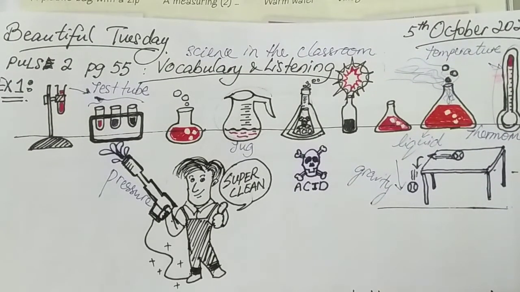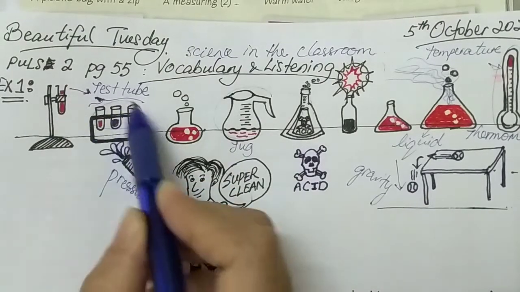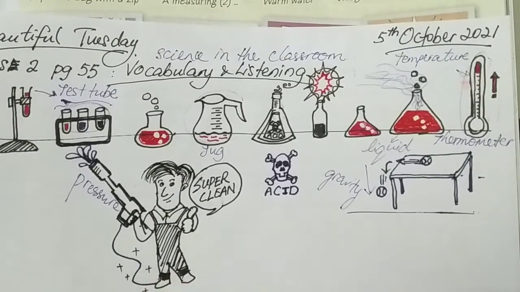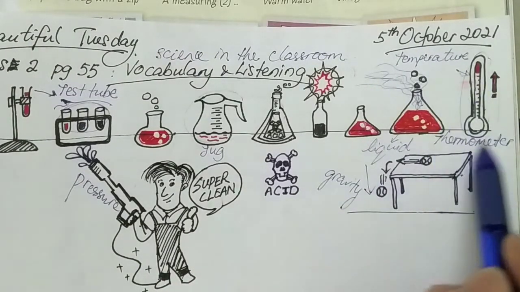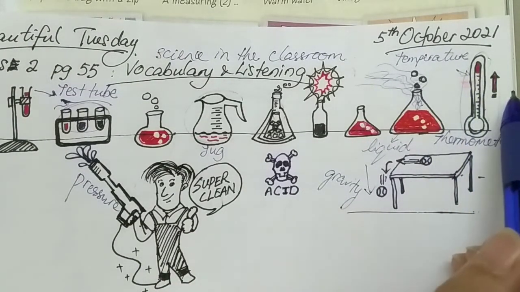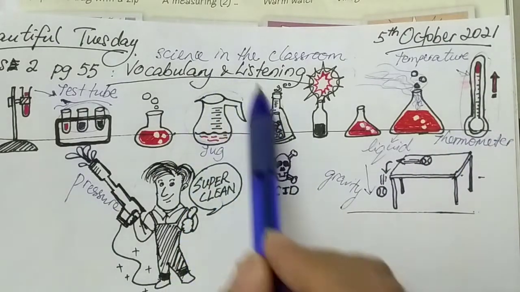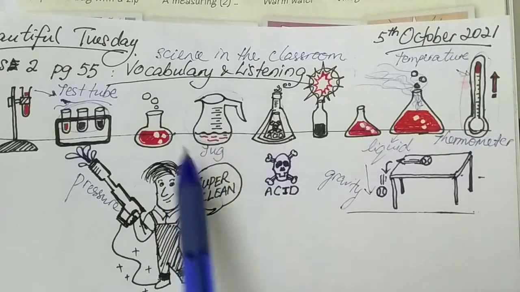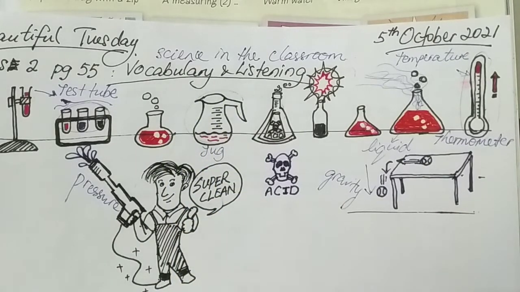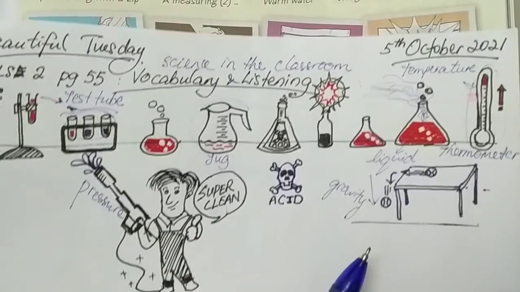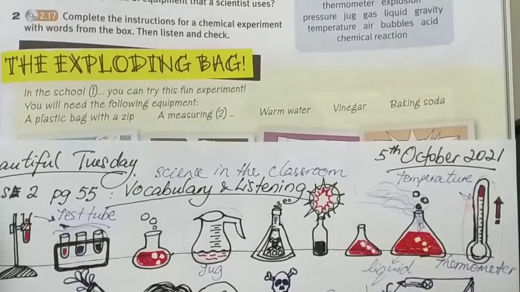Scientists normally use a test tube. And the next thing, they have a thermometer. And they also use a jar. These are the words that you can also find in the box.